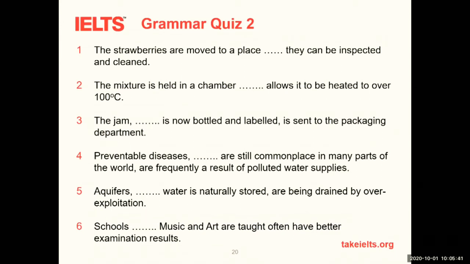Is it where or which? Okay, and 5 and 6, is it where or which? I'm just going to give you another minute or two to complete that poll question.